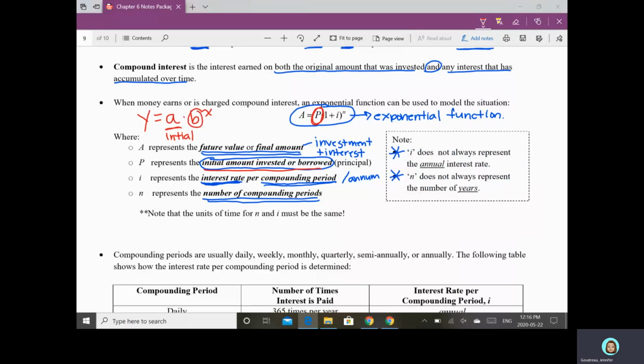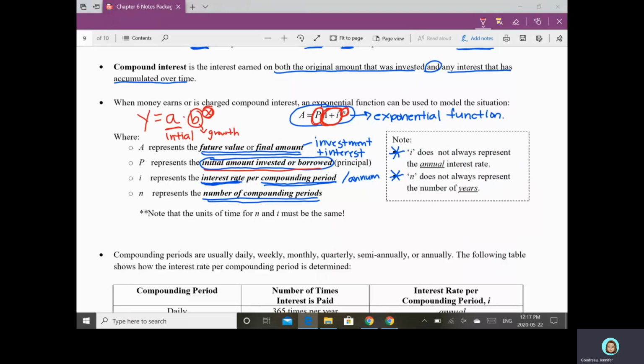B, we said in 6.4, helped us determine our exponential growth or decay. Same thing here. This 1 plus I is showing our rate of growth. It's our interest rate. And then X was often related to time, and so is N here.